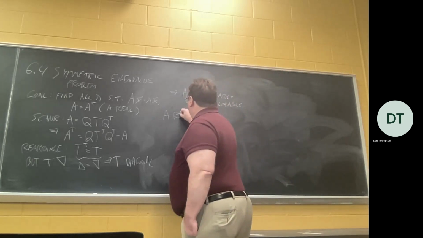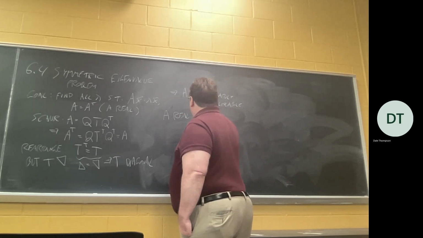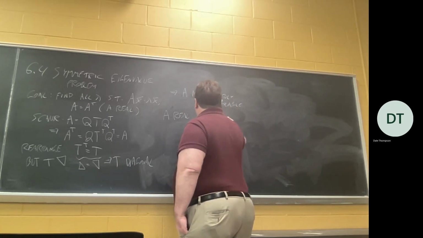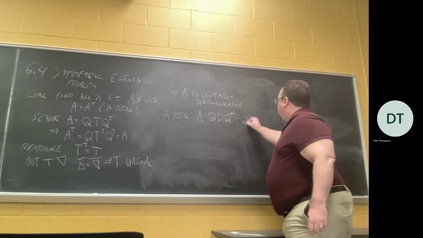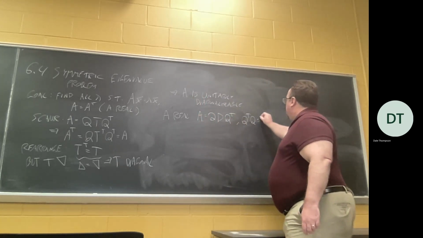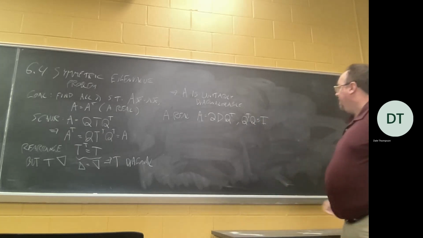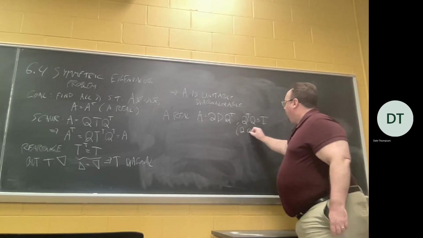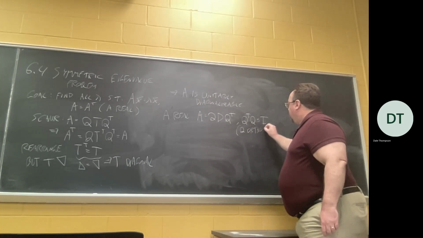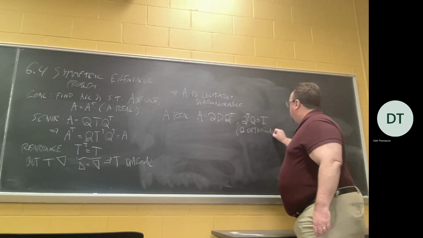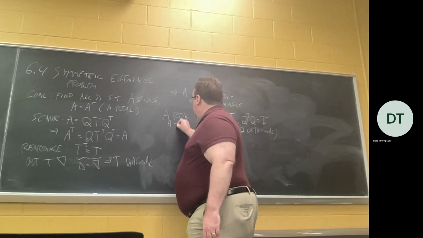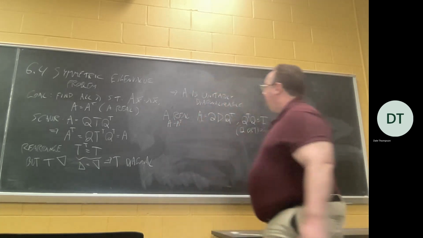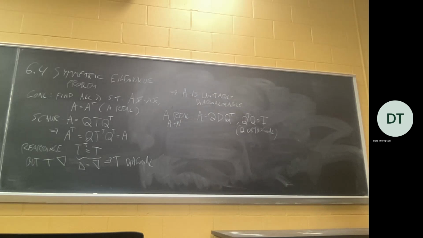So if A is real, we have A is equal to Q D Q transpose, where Q transpose Q is identity. So we say that Q is orthogonal in that case. Oh, I'm sorry, A is real and symmetric. Okay. All right.